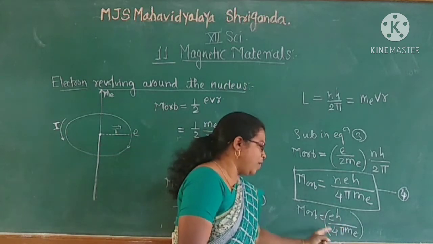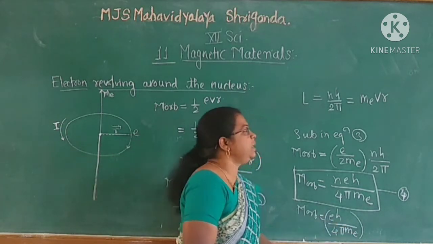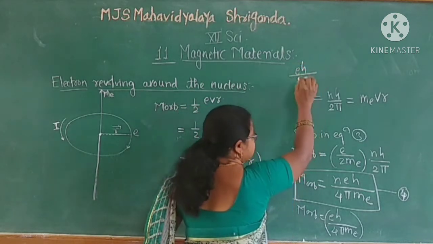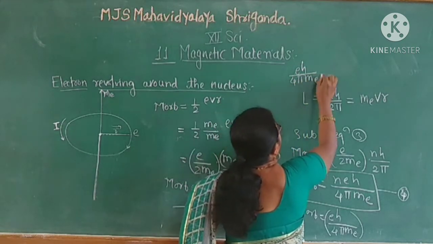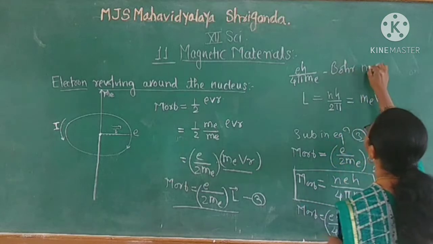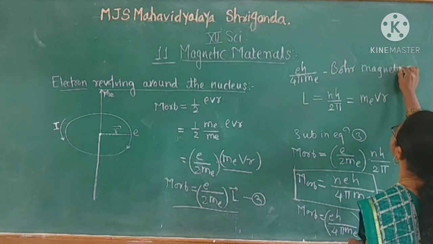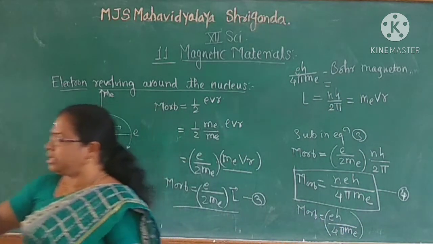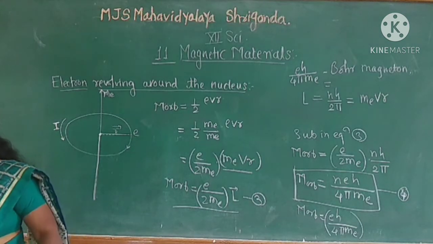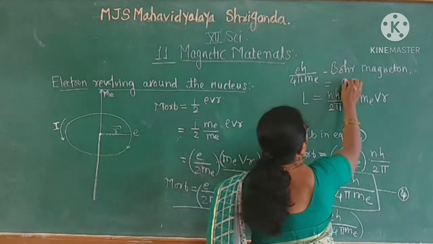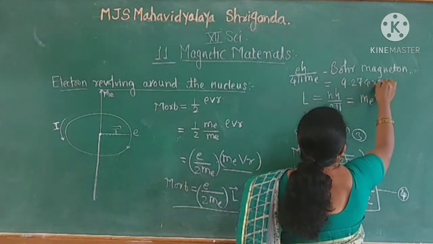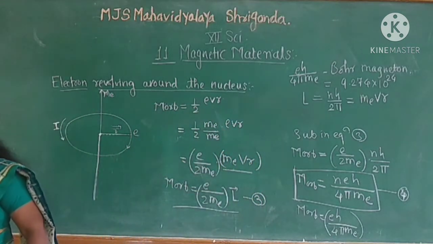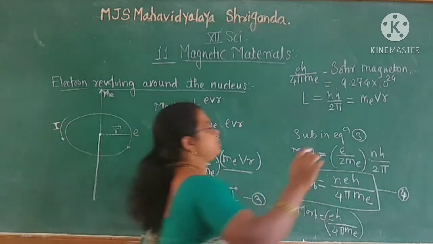This value eh divided by 4 pi me is called Bohr magneton, whose value is equal to 9.274 into 10 raised to 24 ampere per meter square.